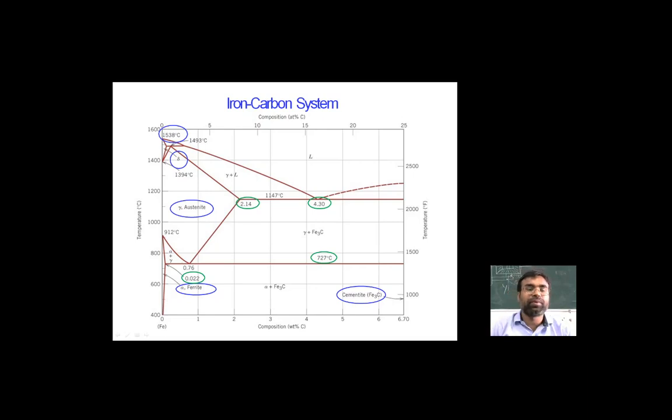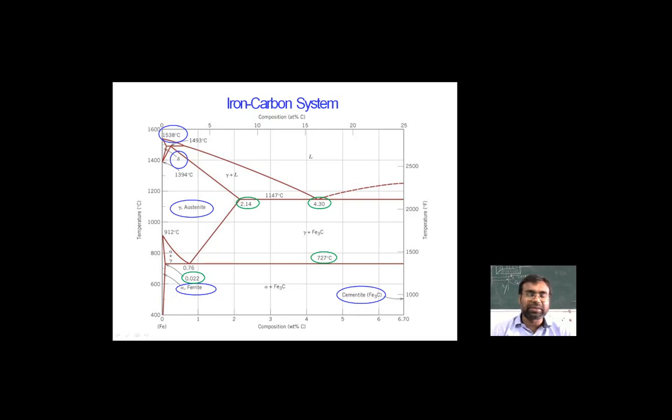From this figure we find out about the iron phases in combination with carbon creating steel, and that combination leads to various categories of steel: low carbon steel, medium carbon steel and high carbon steel.